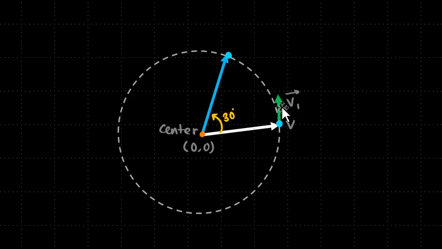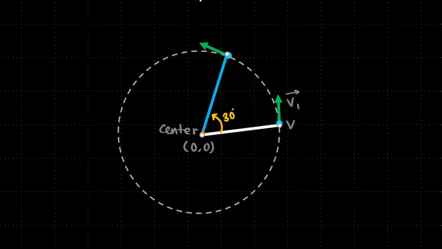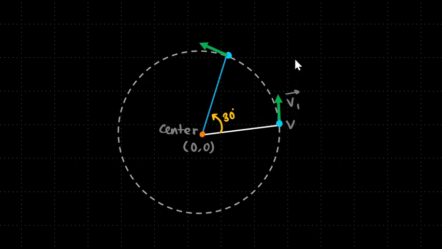But once this rotates from here to here, it's not going to stay like this. It's going to move like this, since the velocity is tangent to this line. You don't actually need arrows on this line, so I'm going to not make them arrows. Let's make them smaller as well. I'm just showing that these are moving.